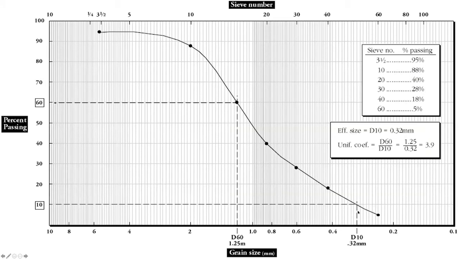So you can see here, this would be a typical curve that you would see when classifying a filter media based on its D10 and D60 over D10 values.